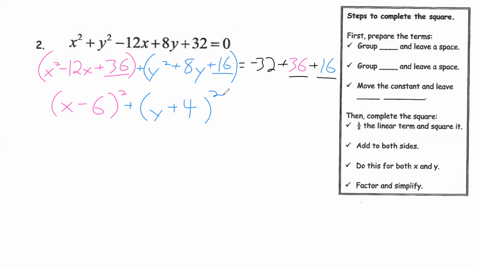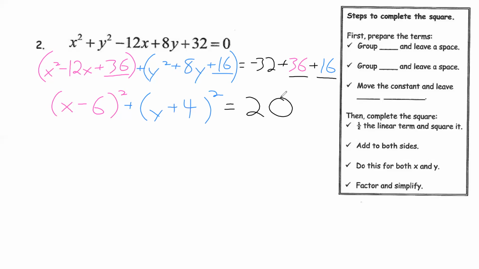At the end, combine all your values there. We have negative 32, 36, and 16. That would be a total of positive 20 once adding them all up.